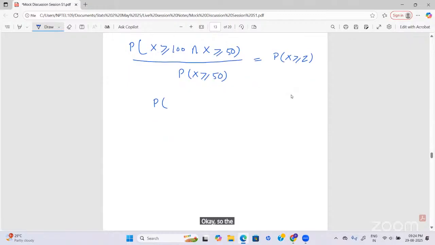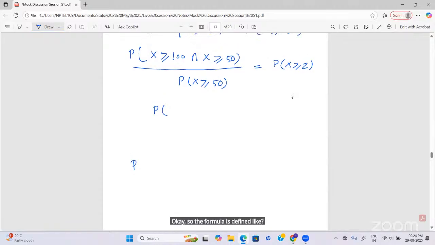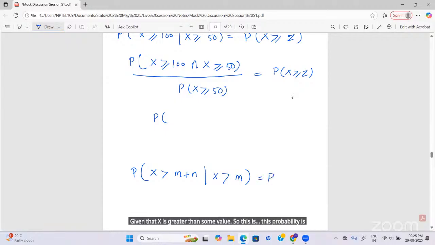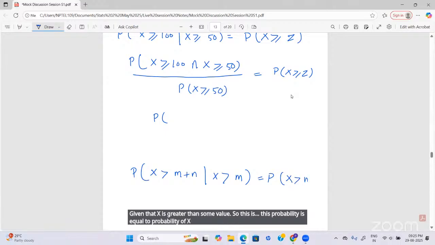The formula is: probability of X greater than m plus n, given that X is greater than m, is equal to probability of X greater than n.